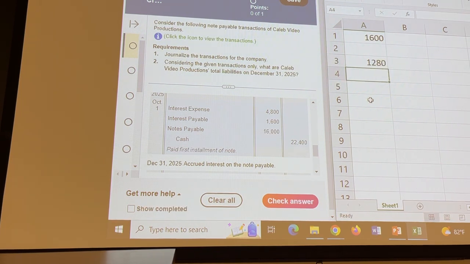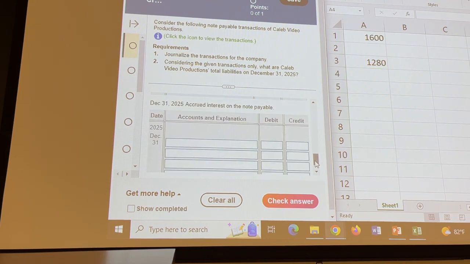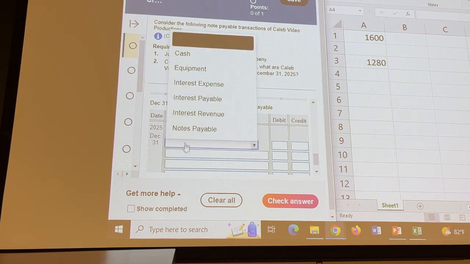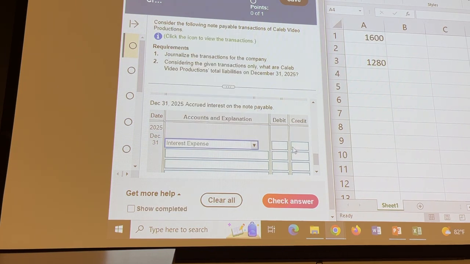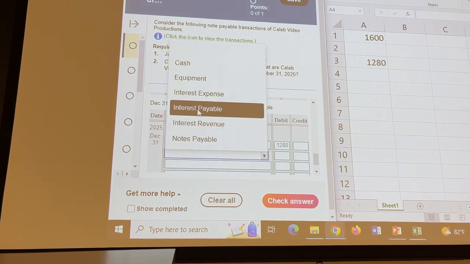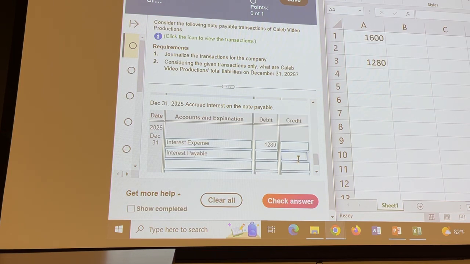So this time to accrue the interest, it's going to be $1,280. So debit interest expense, $1,280. Credit interest payable, $1,280.